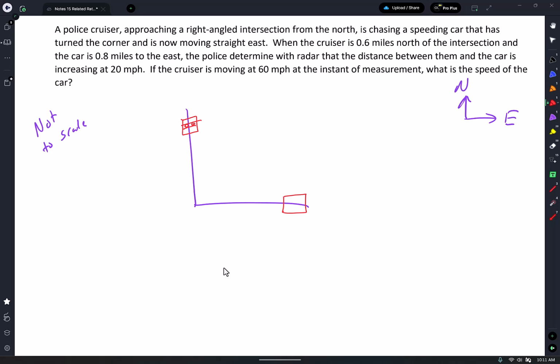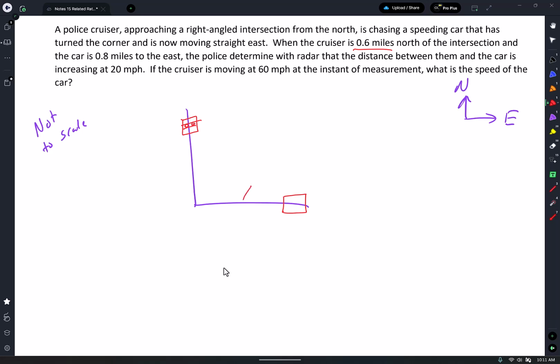If you count north as positive, then when the cruiser is 0.6, okay, time out. Try not to put numbers on your grid or your scale, because then you're creating something that is static. It's not moving. This is moving in real time.